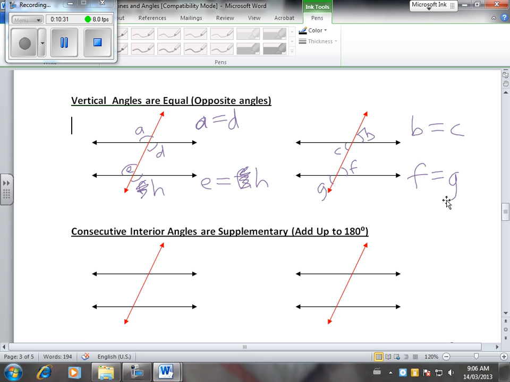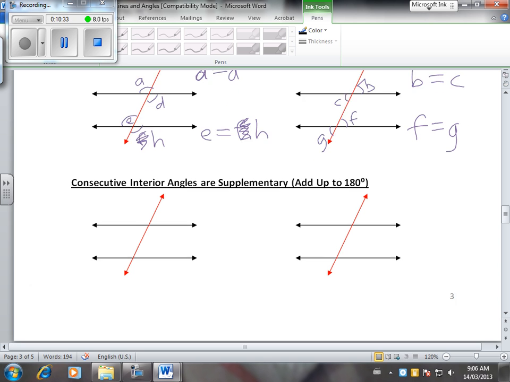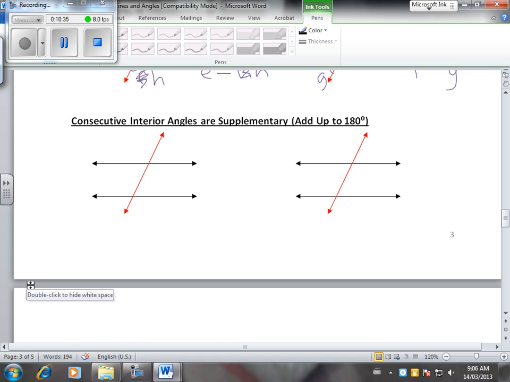And then we have one last rule. Consecutive interior angles are supplementary. So this means they add up to 180 degrees. This means that angles that are on the inside of the parallel lines on the same side of the transversal. So here's my transversal. If we look on the left side, we want to be inside our parallel lines.